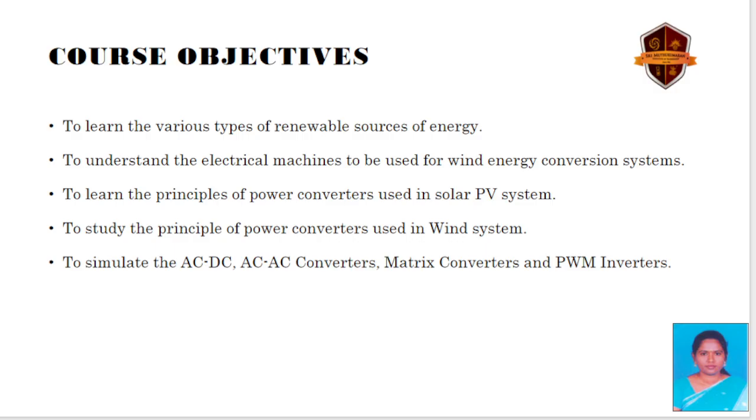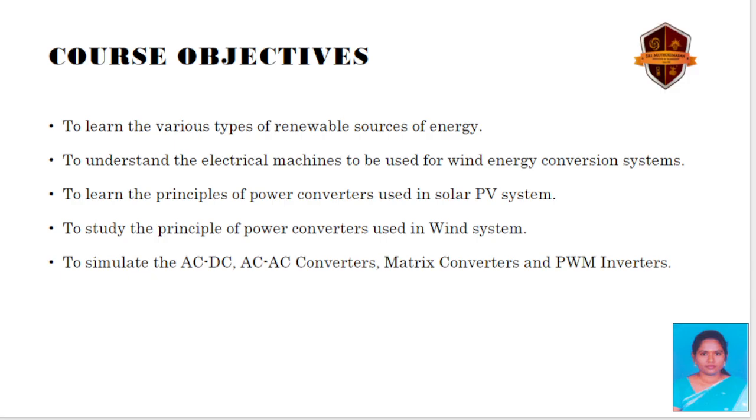In this course, we have 5 main objectives. First, we will learn the various types of renewable energy sources such as solar, wind, biomass, and fuel cells. Second, we will understand the electrical machines used in wind energy conversion systems. Third, we will study the principles of power converters used in solar PV systems.